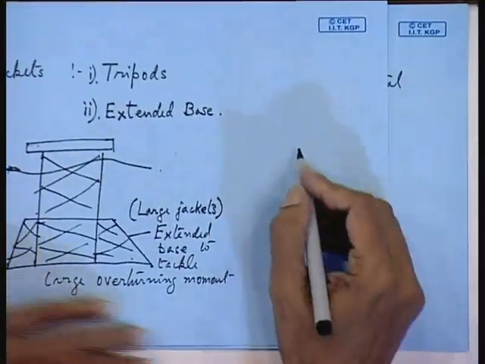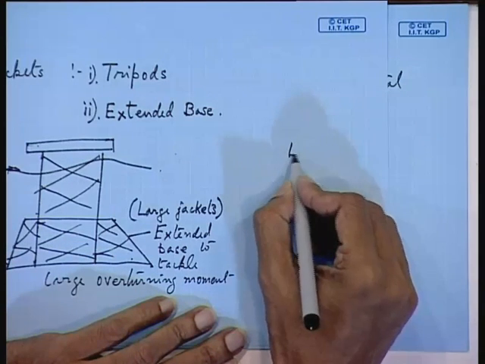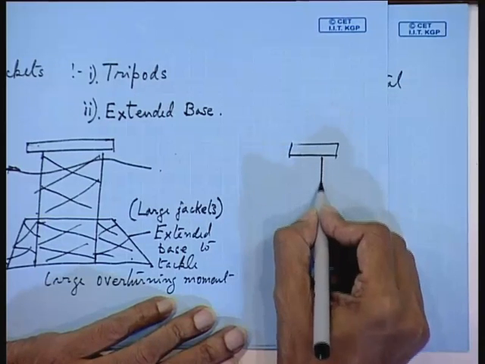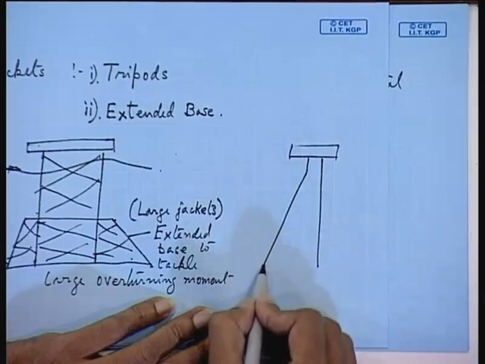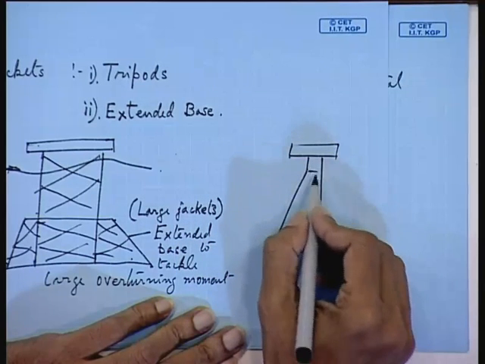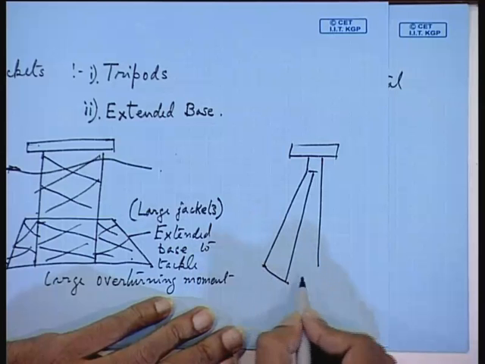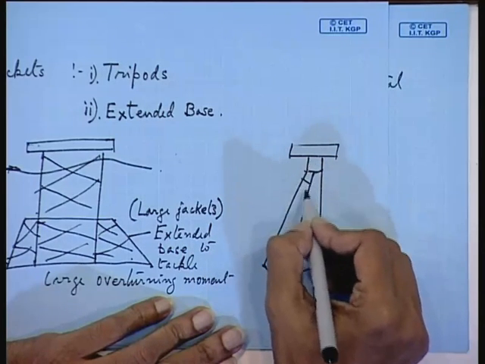The tripod you also can come across for the marginal field. So, marginal field tripod will be something like this. Basically, you will have 3 legs. So, your truss will look like this.